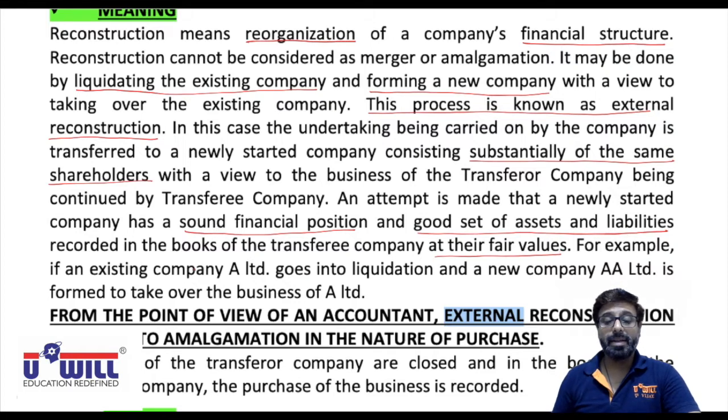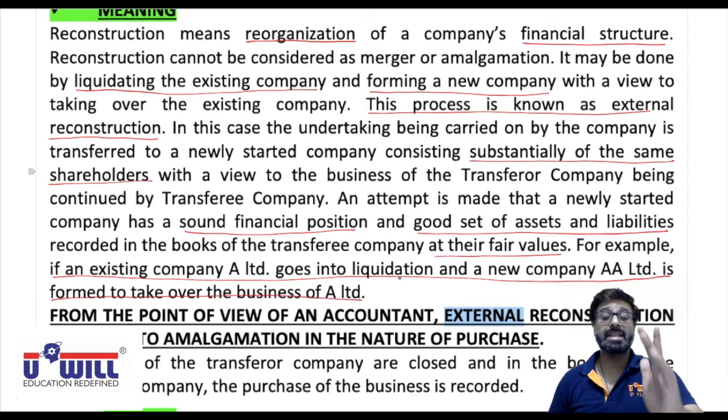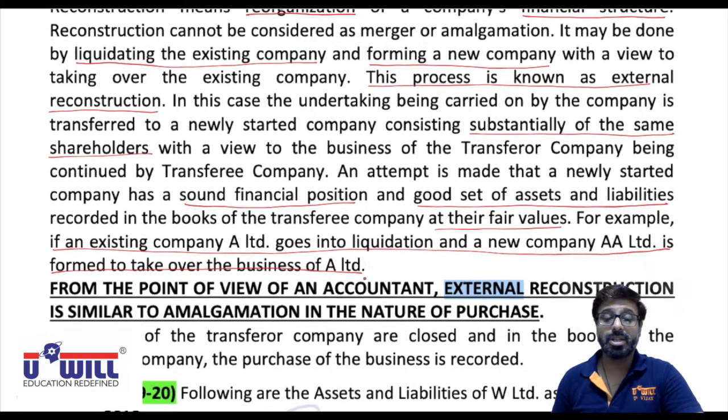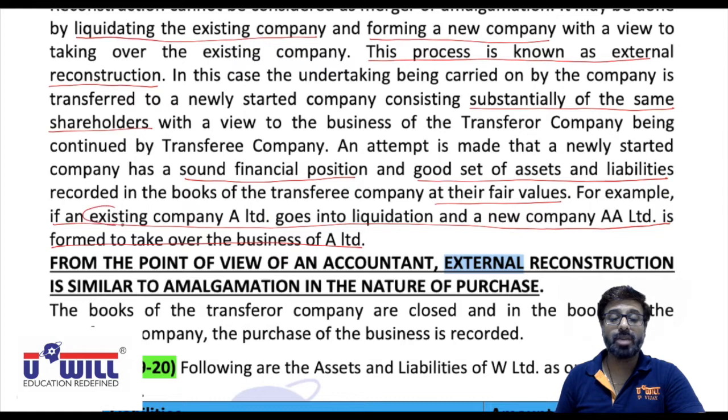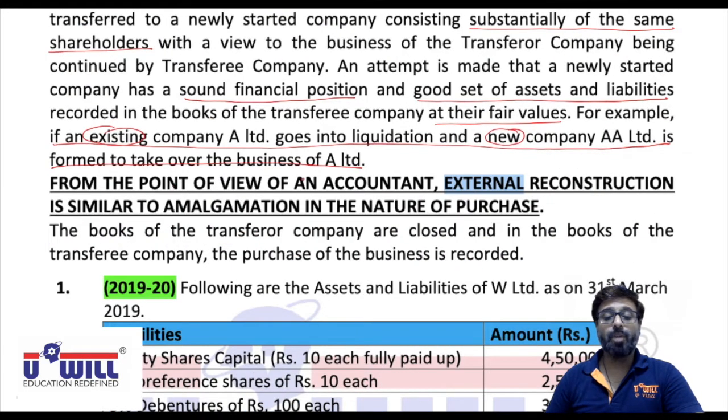For example, if an existing company A Limited goes into liquidation and a new company AA Limited is formed to take over the business of A Limited, this is a case of external reconstruction. Existing company goes into liquidation, new company is being formed. From the viewpoint of an accountant, external reconstruction is similar to amalgamation in the nature of purchase.